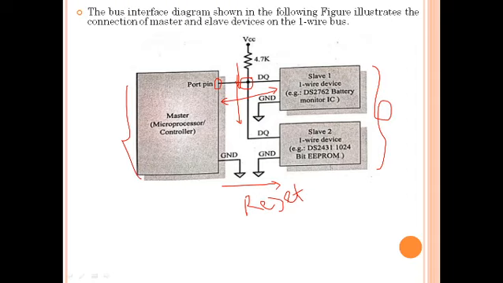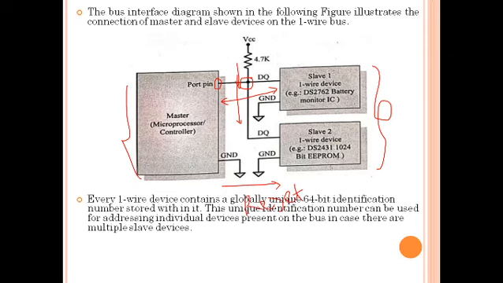The master device sends the read or write command to read or write into the memory or register of the slave device, and then the master initiates a read or write of data from or to the device, and all the communication over the one-wire bus is master initiated.